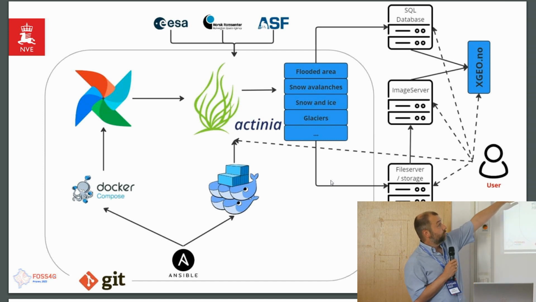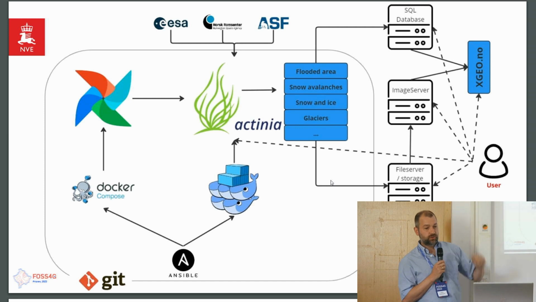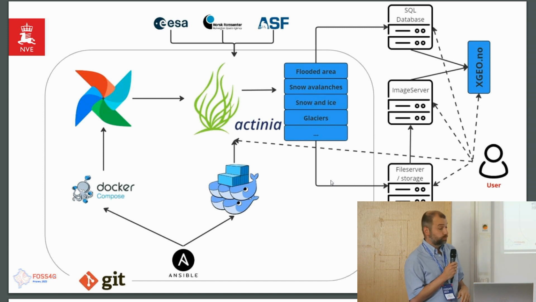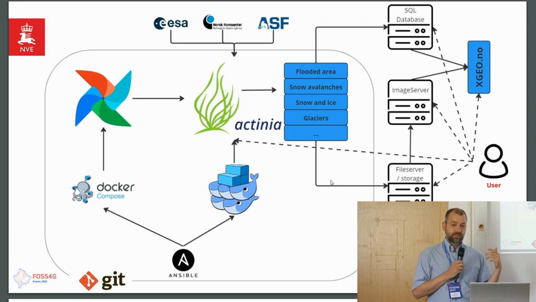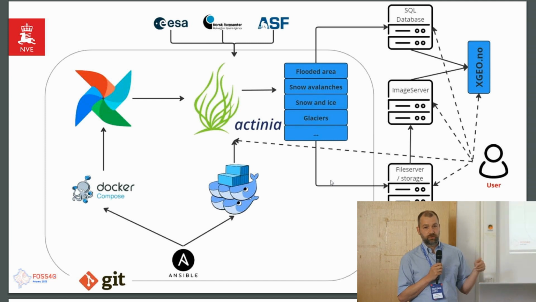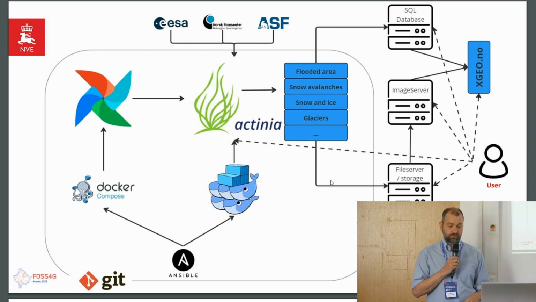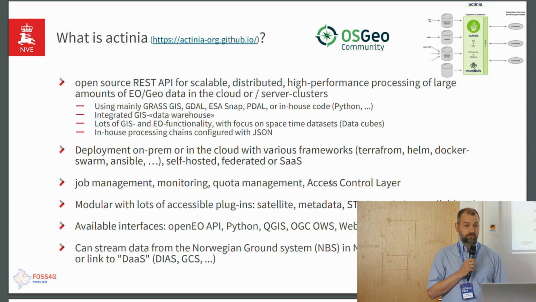And then Airflow can tell Actinia what to do and when, which data to get from ESA, the Norwegian ground segment, or Alaska Space Facility, and then produce these different Copernicus products that then will end up on a file system or in the databases. So the existing solutions for the image server that puts the data to XGeo can grab it and present it to the users where they are used to use it.